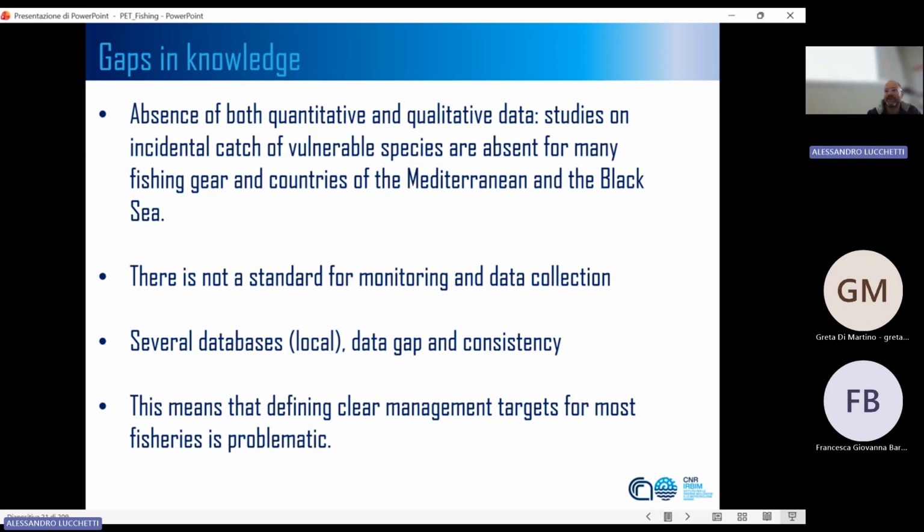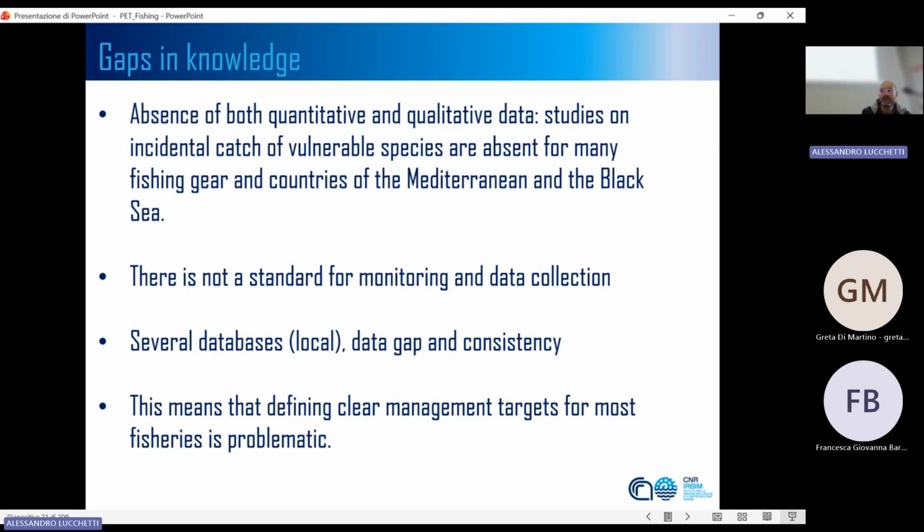I mean, they say Italy didn't make... Yes, this is the sense of this infringement procedure. But there are some reasons. The gaps until now are in the qualitative and the quantitative information.